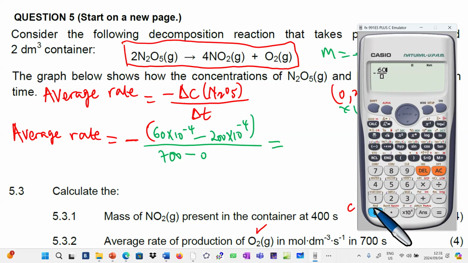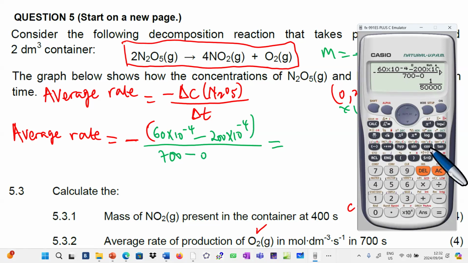Then you do 60 times 10 to the minus 4, minus 200 times 10 to the minus 4, divided by 700 minus 0, like so.